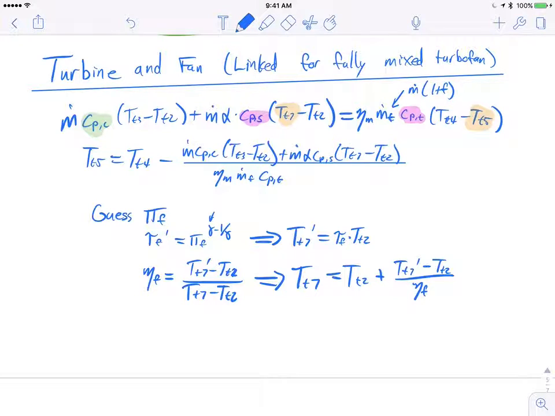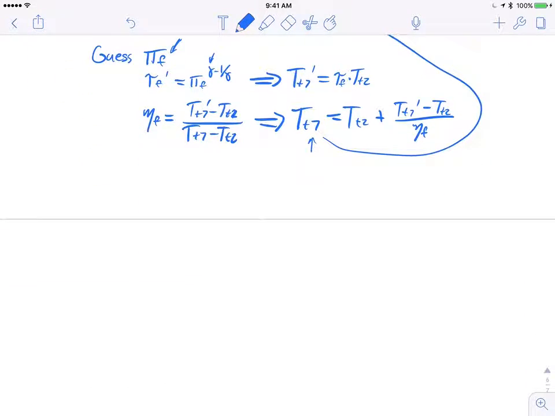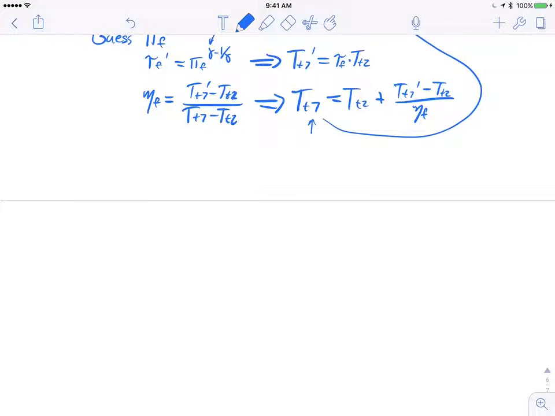So based on our guess of pi f up above, we can get to a value of Tt7, which we would then take the answer from that and substitute it into our energy balance to get a new value of Tt5.